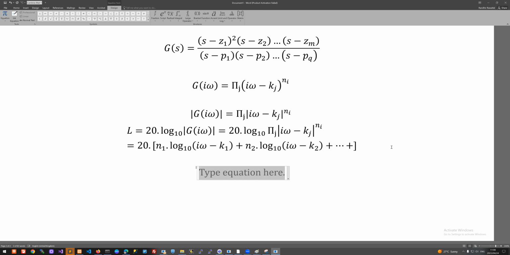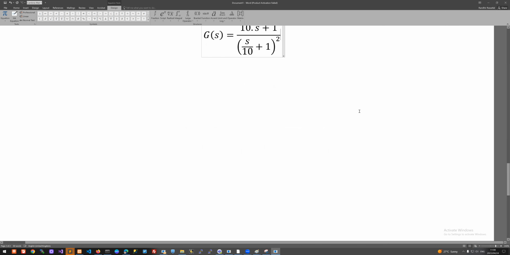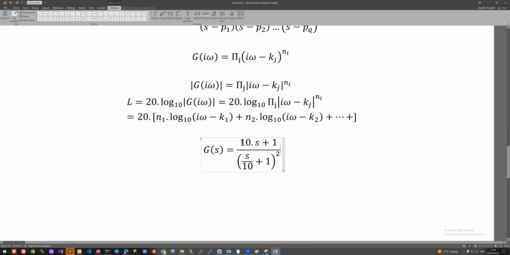So in fact, let's do a simple one here. So let's say G of S equals, and let's take this as 10 times S plus 1 divided by, and let's make this S divided by 10 plus 1, and let's say squared. So let's see how to draw that. So the first thing I can say is that I happen to know that this piece here is going to contribute a line that gives me a straight piece.